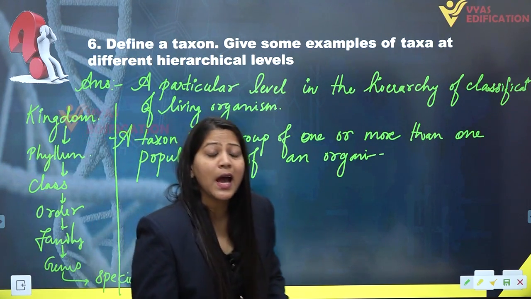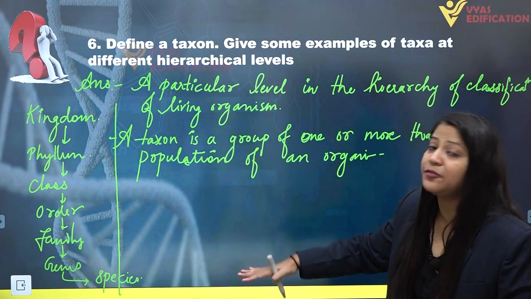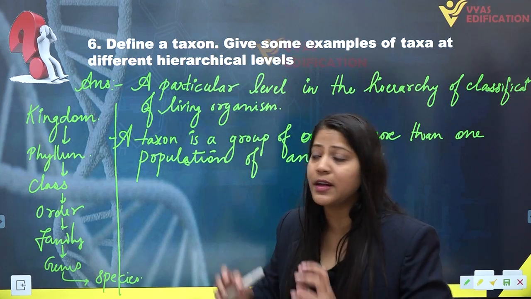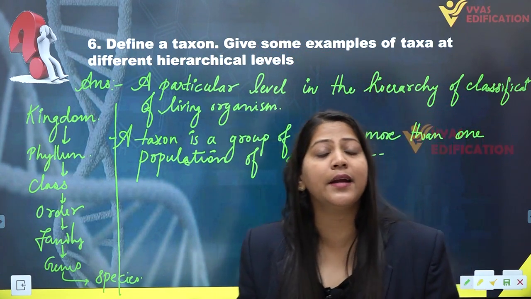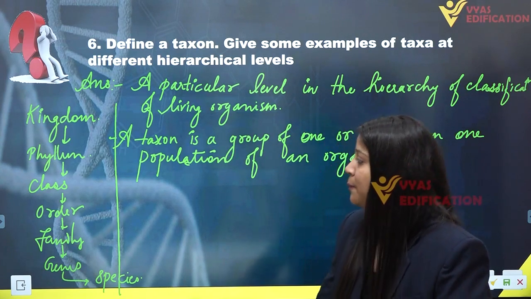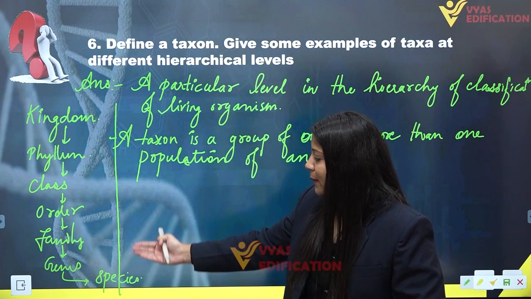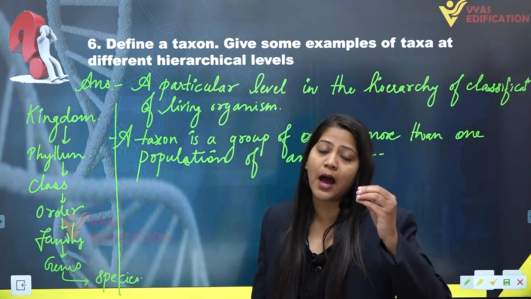So in the hierarchy of classification, we have different groups in which we can put organisms based upon similarities and dissimilarities. So we have kingdom, phylum, class, order, family, genus and species as the different categories.